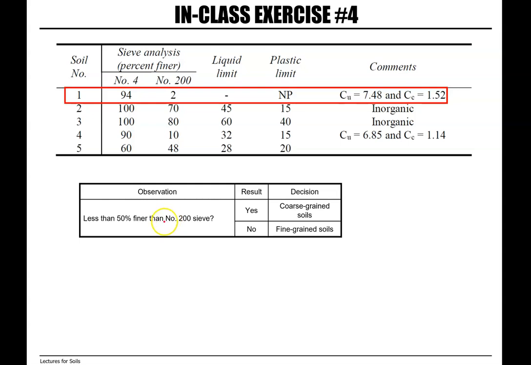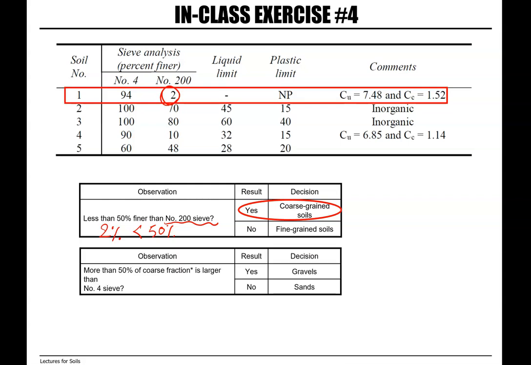Percent passing from number 200 is 2%, which is less than 50%. So the answer to our question is yes. Less than 50% passes through sieve number 200, which means that we have a coarse grain soil.